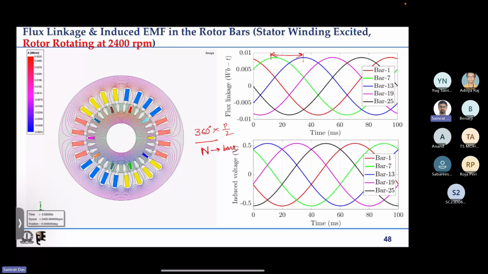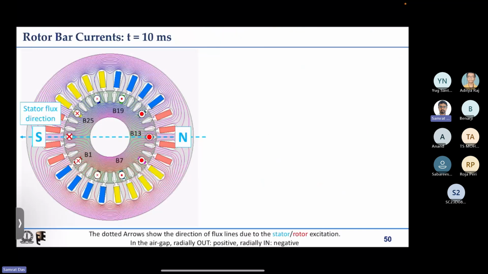And if we have flux linkage like this, the corresponding induced EMF can be obtained by giving it a phase shift in the positive direction by 90 degrees. So this is another thing. At this point you can probably understand that it is something like we discussed in the beginning, right?